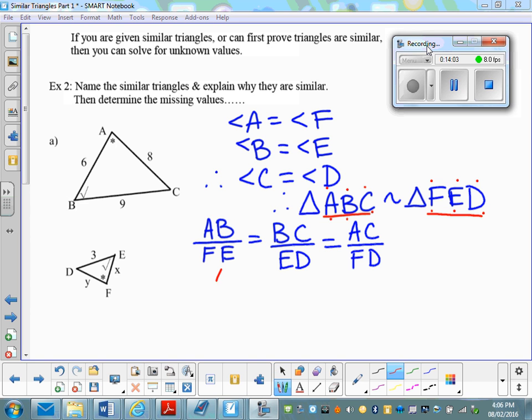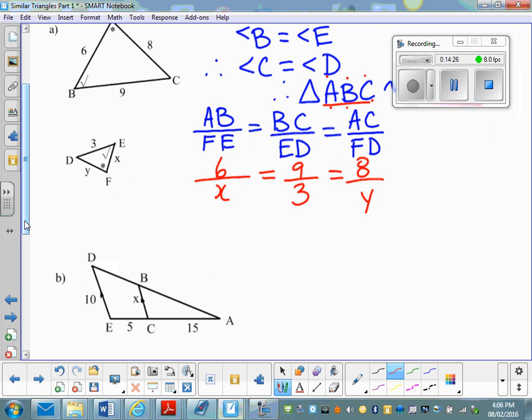So AB is 6. FE is x, I don't know that. BC is 9. ED is 3. And then AC is 8. And FD is y. So now I can use these ratios to help solve.